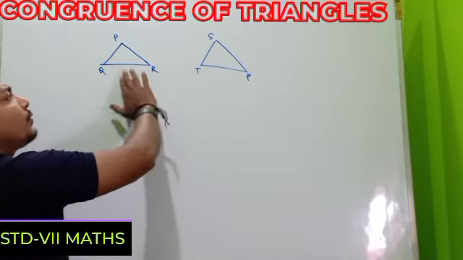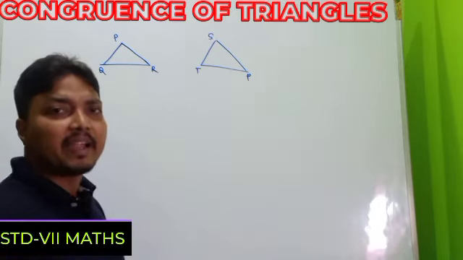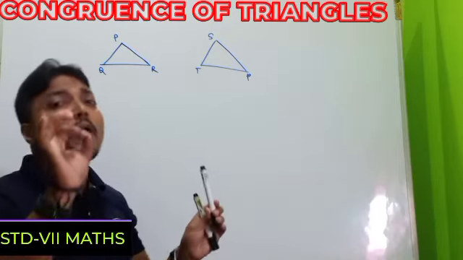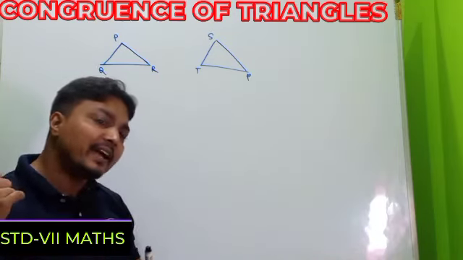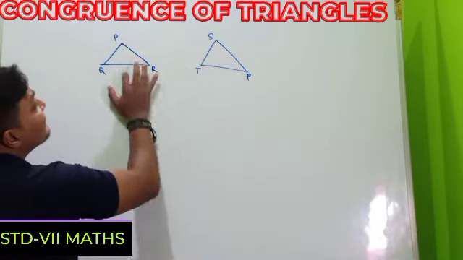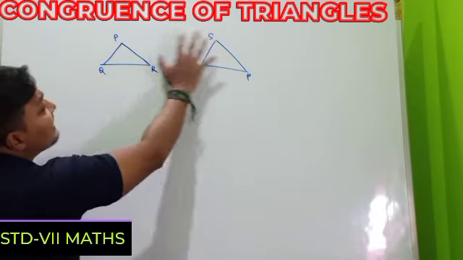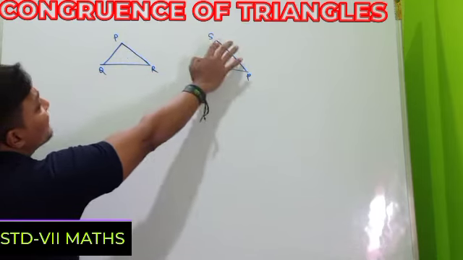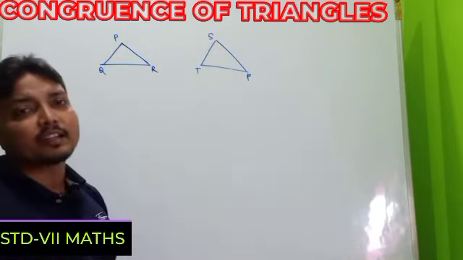Remember, whenever two triangles are congruent, it means 9 conditions must be satisfied: side matching, angle matching, also vertex matching. Whenever 9 conditions are satisfied, 3 sides same, 3 angles same, 3 vertices matching with the 3 vertices of the other triangle, the triangles are congruent.